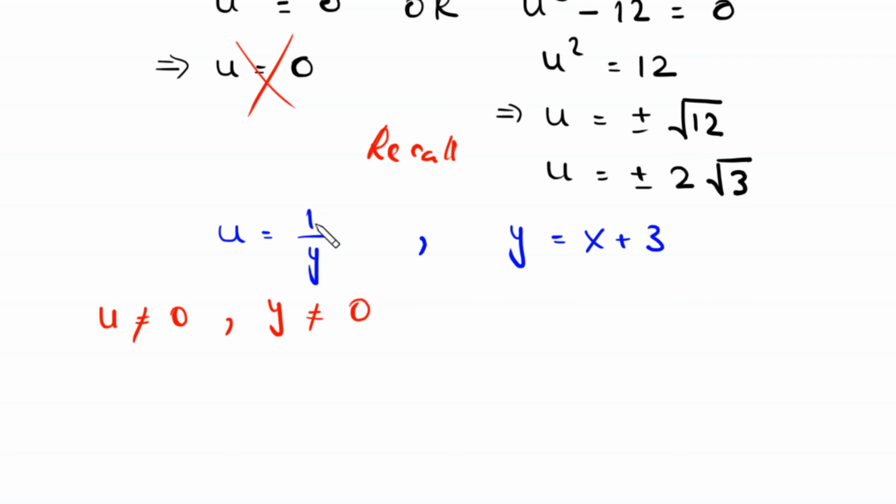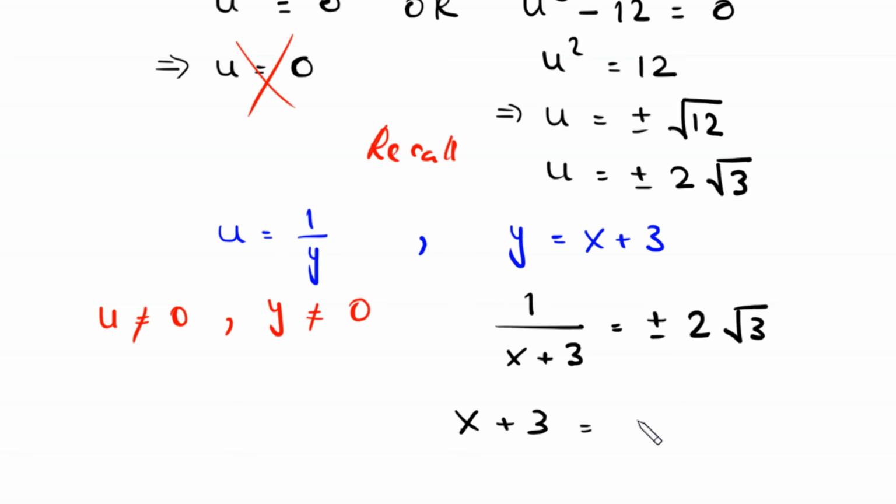Since u is equal to 1/y and y is equal to x + 3, so we can write that 1/(x + 3) is equal to plus minus 2 times root 3. If we take a reciprocal on both sides, this implies that x + 3 is equal to plus minus 1 divided by 2 times root 3.